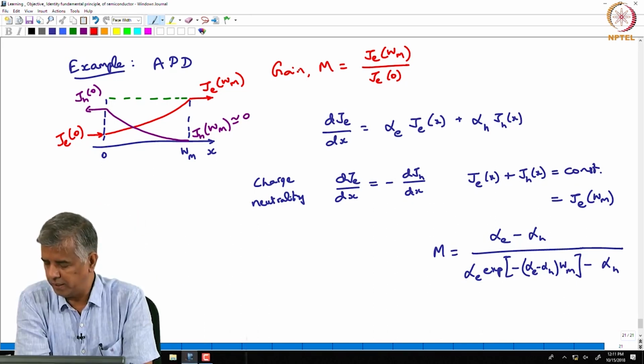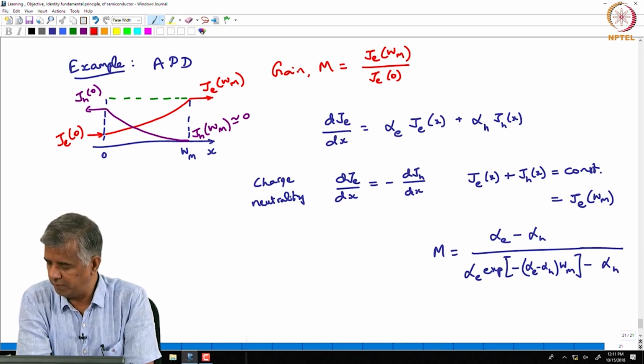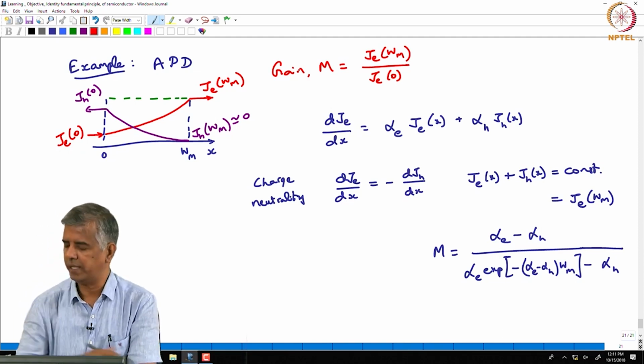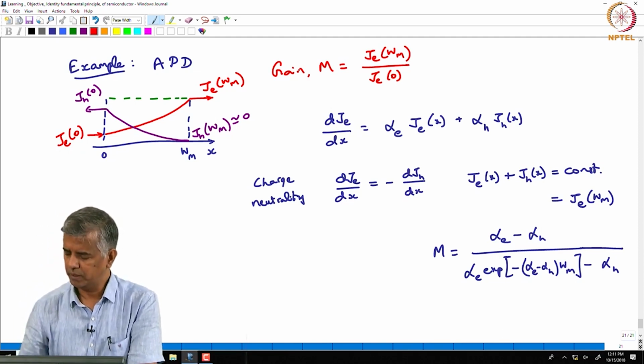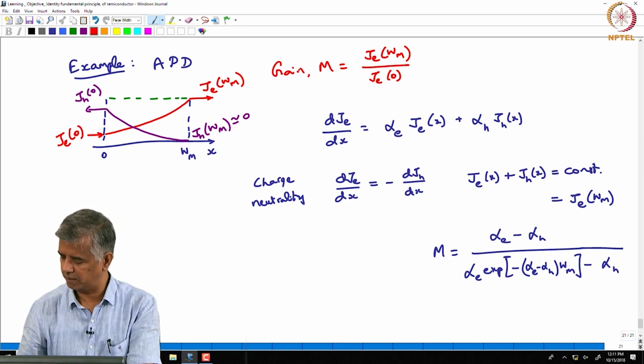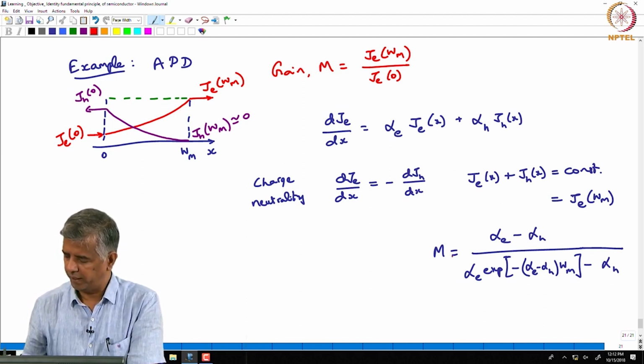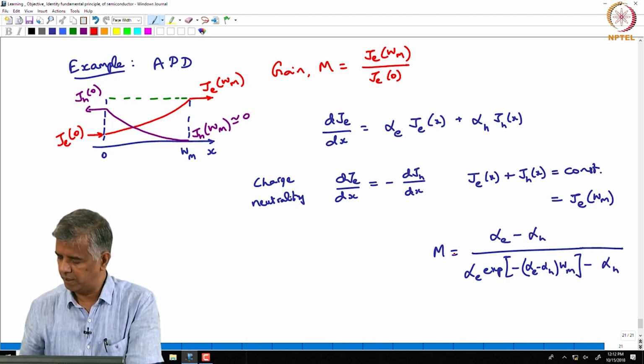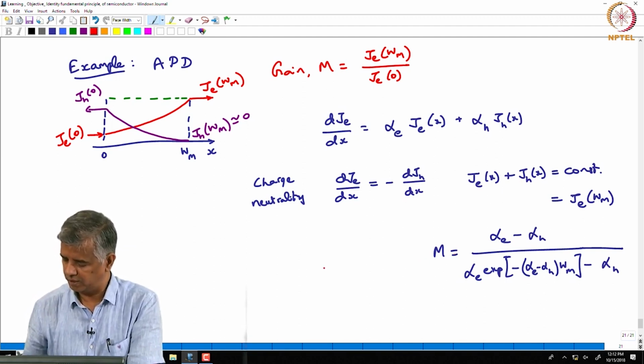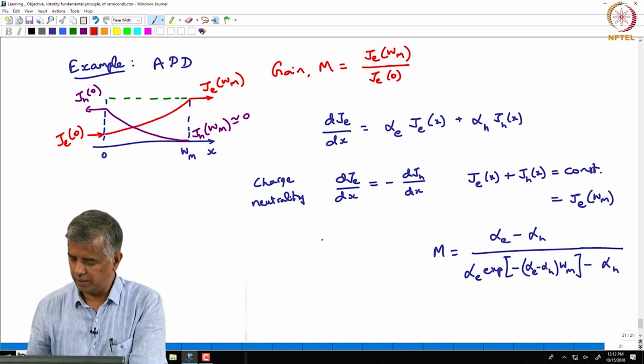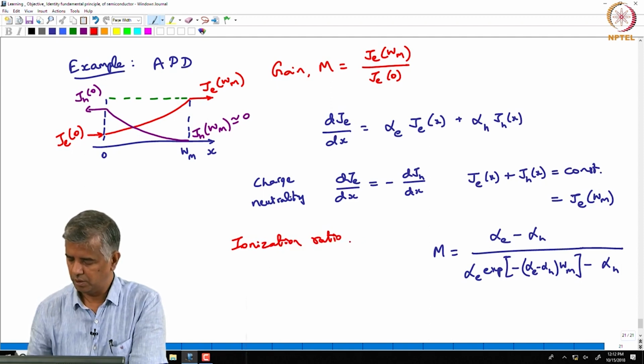So, we said we could go through some rate equation, and we could solve it and finally get to an expression that is given like this in the bottom right portion of your screen, where M is given in terms of alpha e and alpha h. So, you can actually define at this point a quantity known as the ionization ratio.